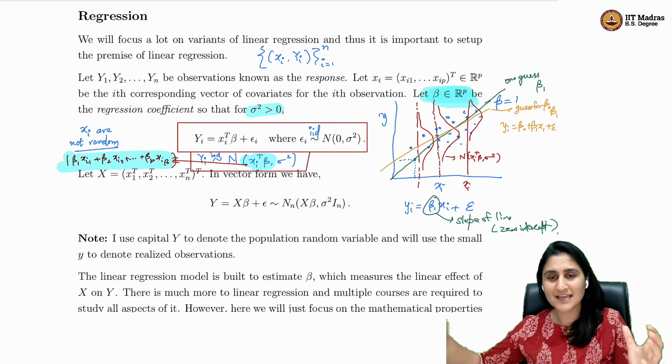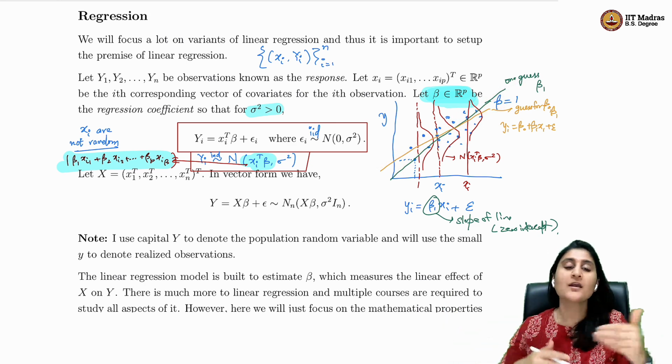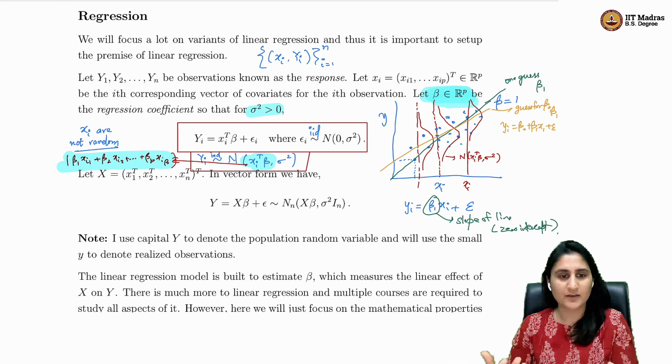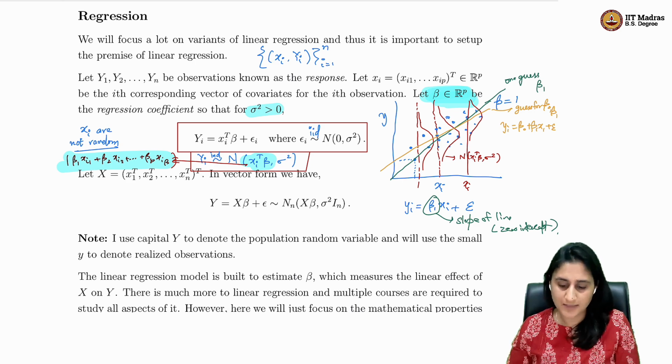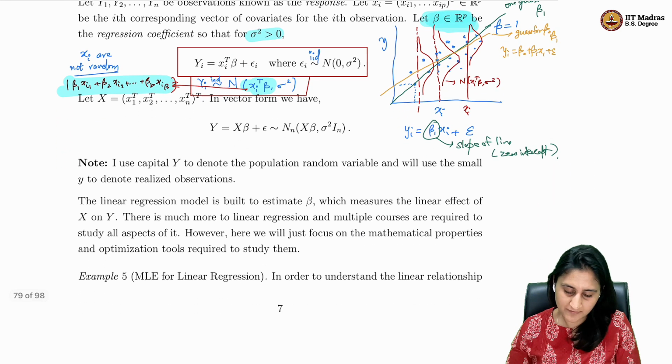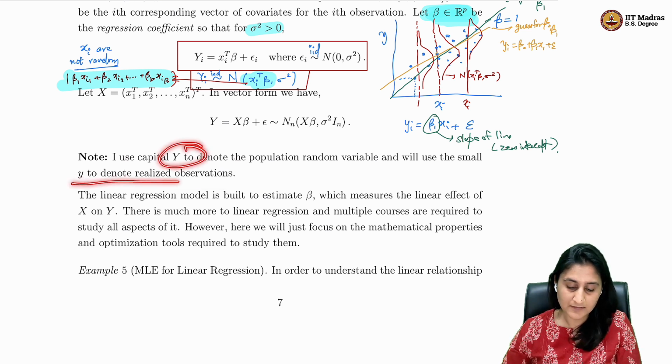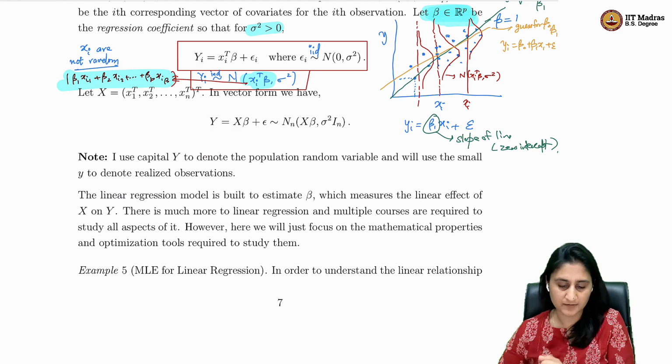But there can be many x's, so I want to understand how I can understand y from these various given x variable information. We'll see an example towards the end. I use capital Y to denote the population random variable, and we will use the small y to denote realized observation. So this is going to be the random variable, and these are going to be actual observed data.